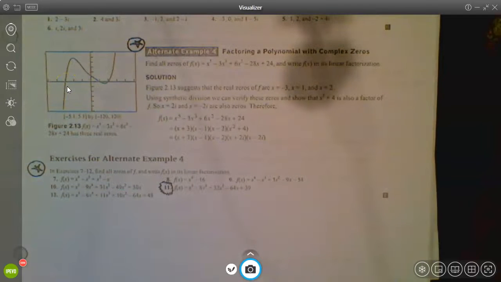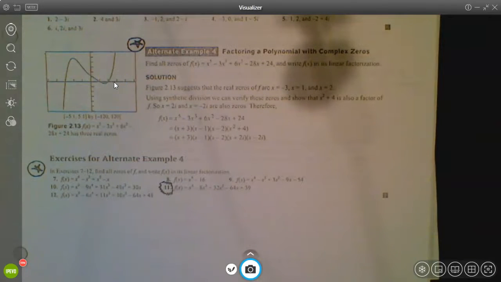If it was a multiplicity, meaning a repeating value, then I would see the graph bounce. It would hit this and bounce and come back down. That's where we see the repeating values. So if it's crossing through, that means there's only 1 value here. So I know based on that, I'm only looking at 3 real zeros. The other 2 must be non-real.